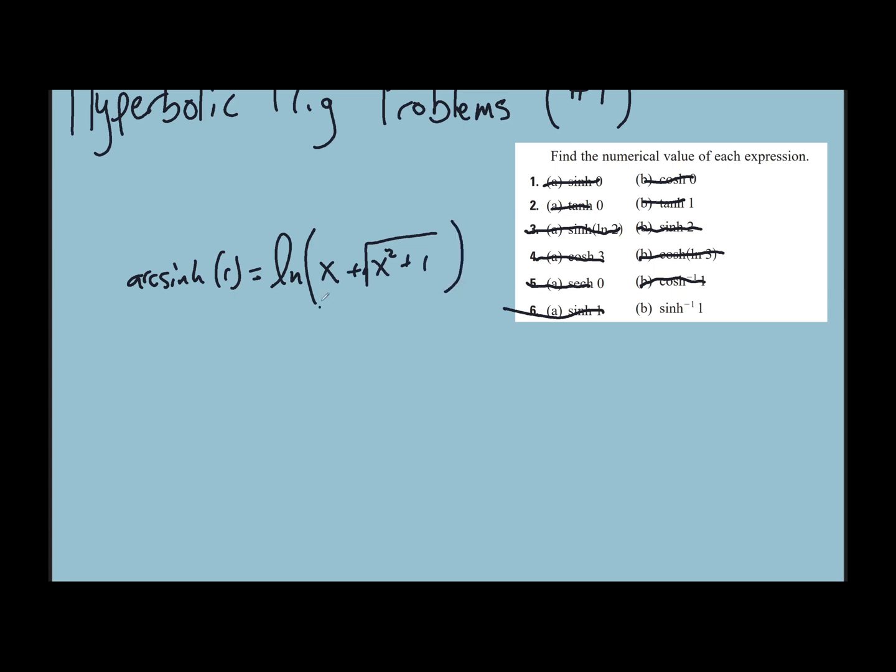So we would just plug in 1 for that, so it'd be 1 plus the square root of 1 plus 1. So it'd be the natural log of 1 plus root 2. Then if you want to write it this way, that's totally okay. And the number I got for this is about 0.88.